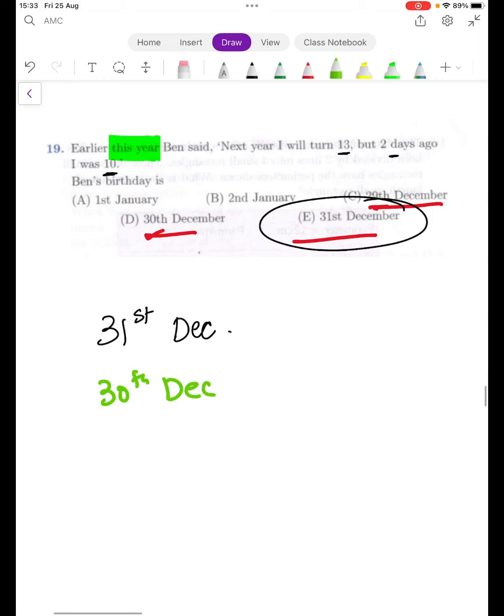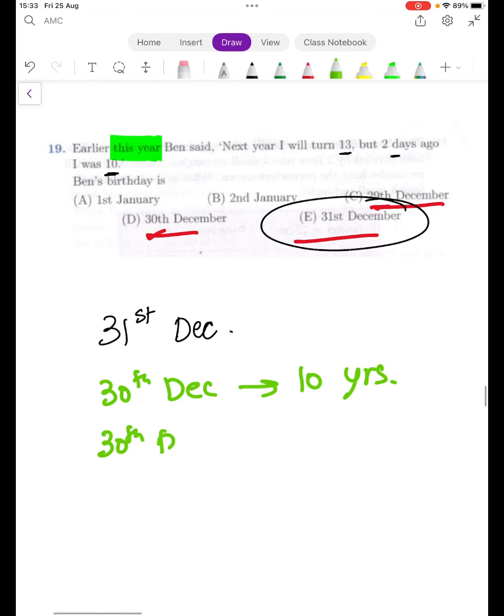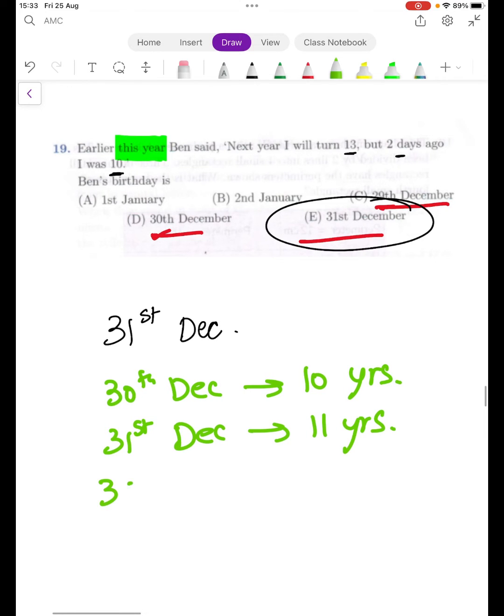So if we can say, till 30th December last year, he was just 10 years old. He's saying all this now in the next year. So that means 30th December of this year, he will be, oh, sorry, I'm sorry, I missed one part. So 30th December, he was still 10 years. 31st December, his birthday, he turned 11 years. And now this is next year already when he's saying that.